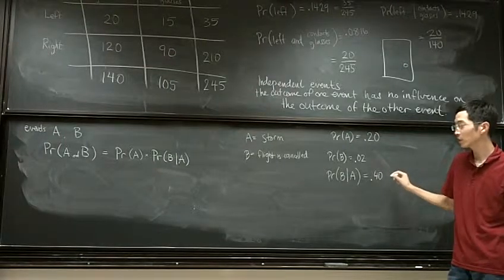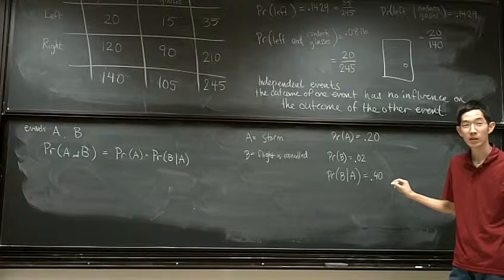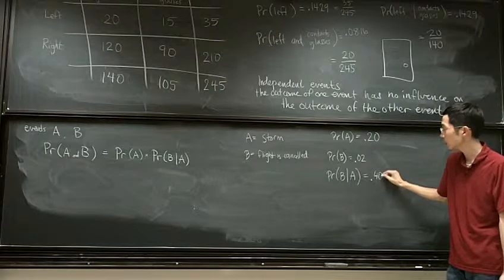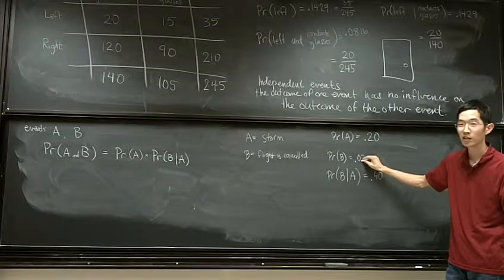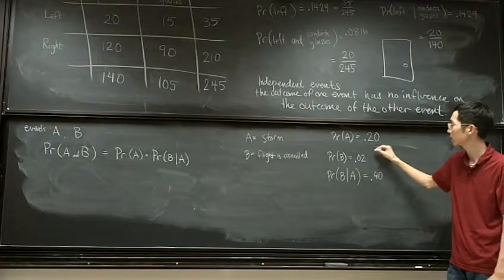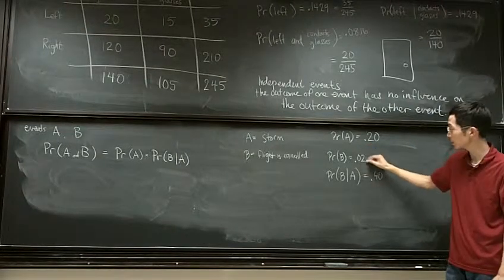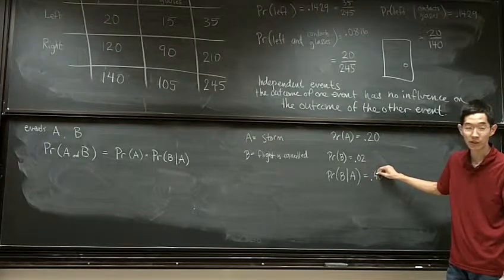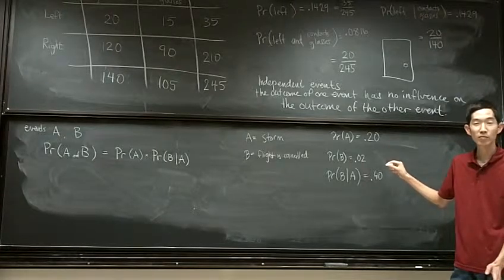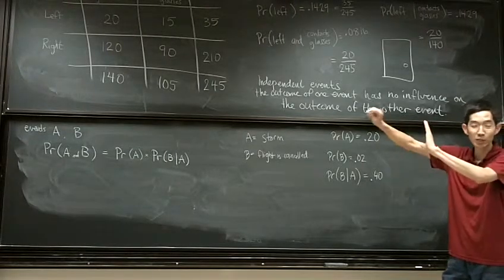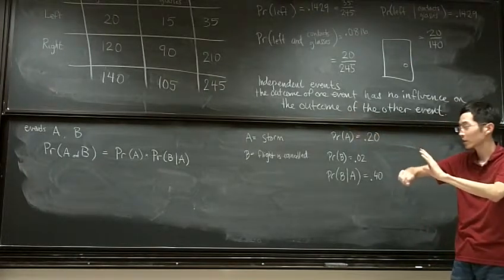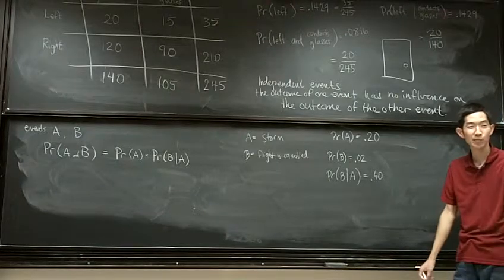So are events A and B independent? No. Why? Because the probability of B given A is not equal to the probability of B. I know I wrote that the opposite way before, but it's the same. These two things are not equal, so they are not independent. What is the probability, since we don't know if there's a storm going to happen tomorrow or not, that there's a storm and your flight is canceled?